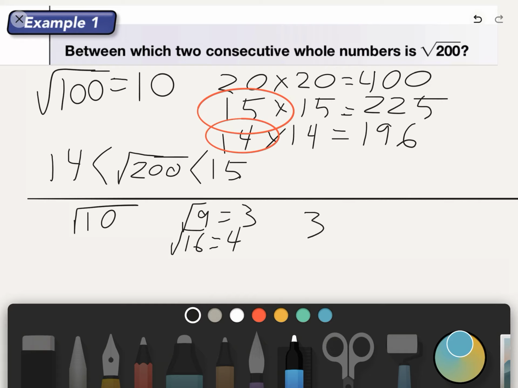So we can say that the square root of 10 is between 3 and 4.